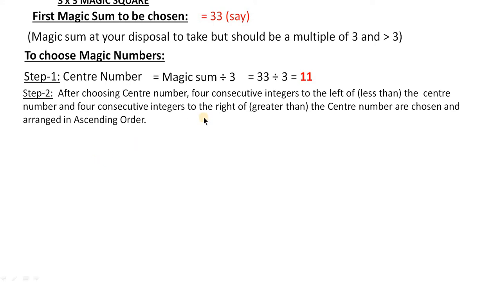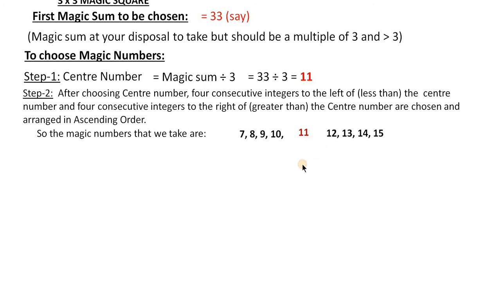The 4 predecessors of 11 are 7, 8, 9, 10. And the other 4 numbers, the succeeding consecutive numbers, are 12, 13, 14, and 15.